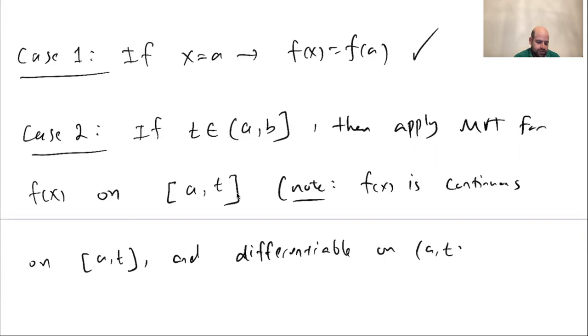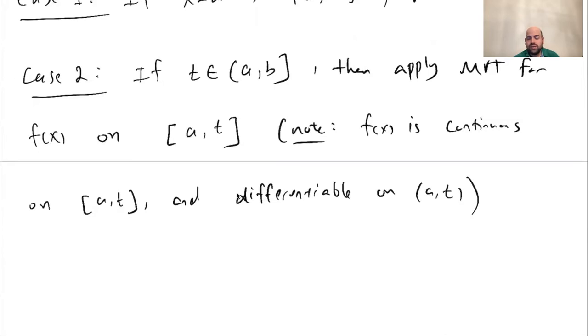So the conditions of MVT hold, because I'm assuming that f of x is continuous on a to b and differentiable on a to b. And t is between a to b. Let me show you. If this is the x-axis, this is, let's say, a, this is b, t is somewhere here. So if f of x is continuous and differentiable on the whole a to b, of course it will be continuous and differentiable between a to t as well.